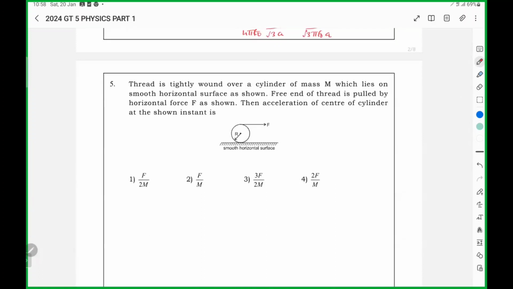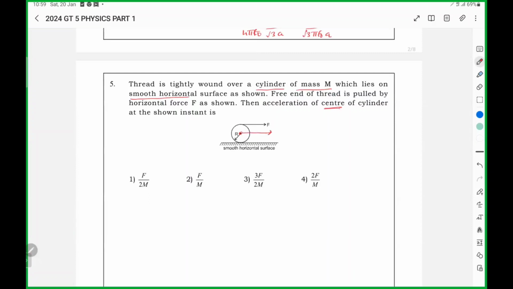Here a thread is tightly wound over a cylinder of mass m, which lies on a smooth horizontal surface. The free end of the thread is pulled by a horizontal force F. What is the acceleration of the center?